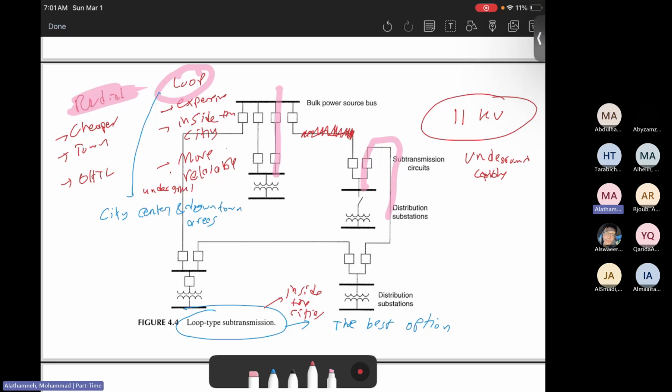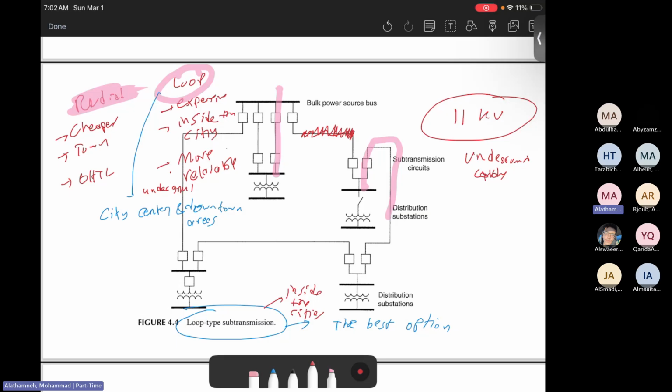You cannot see them because all of them are underground cables. If you are making an overhead line, you need to pay a lot of money purchasing the land, because you need to pay the landowners since you are using their lands to put the power lines. The other thing, when you go to the industrial areas, where there's a lot of pollution, it will be impacted because of this.